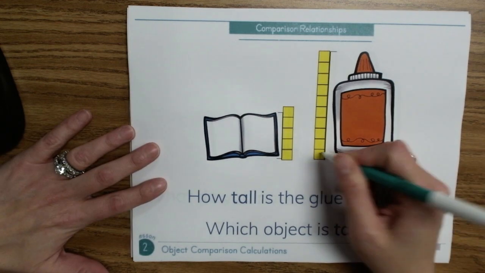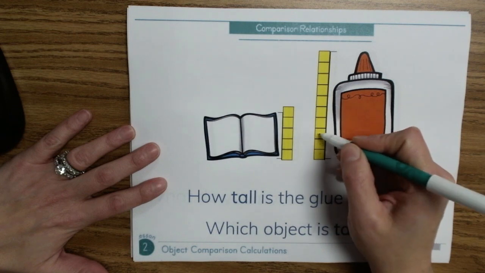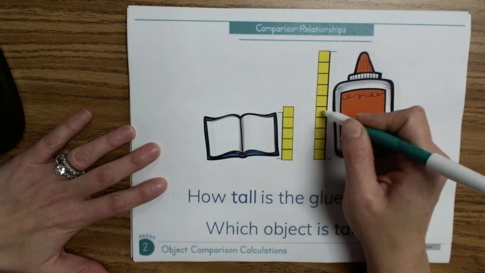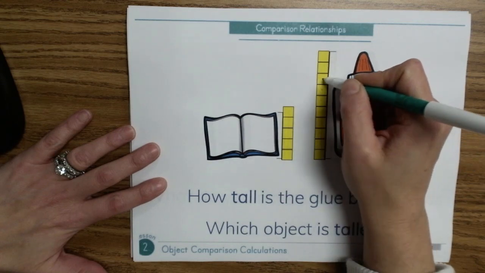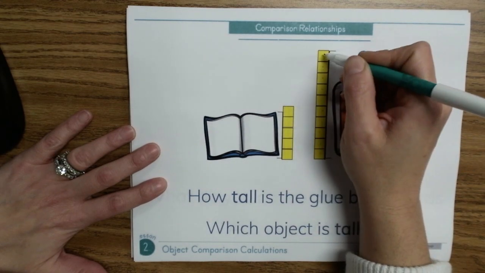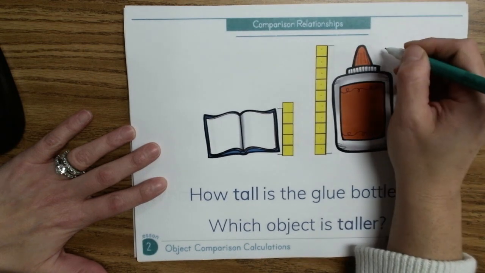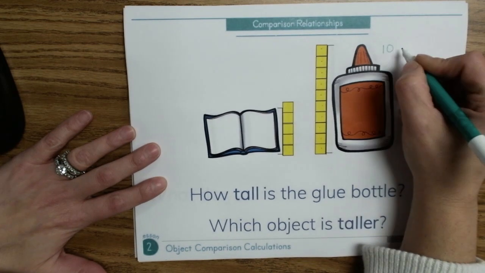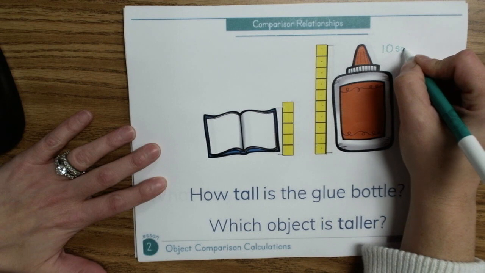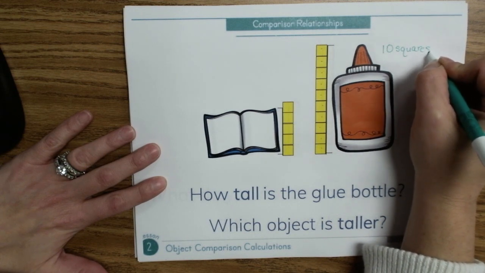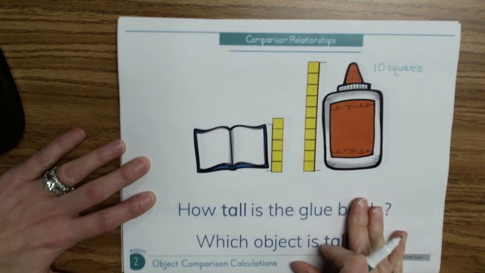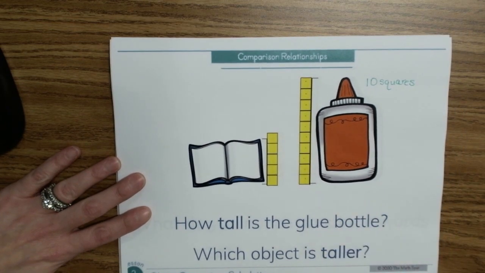He is 1, 2, 3, 4, 5, 6, 7, 8, 9, 10. He is 10 squares tall. That's not too bad. 10 squares.